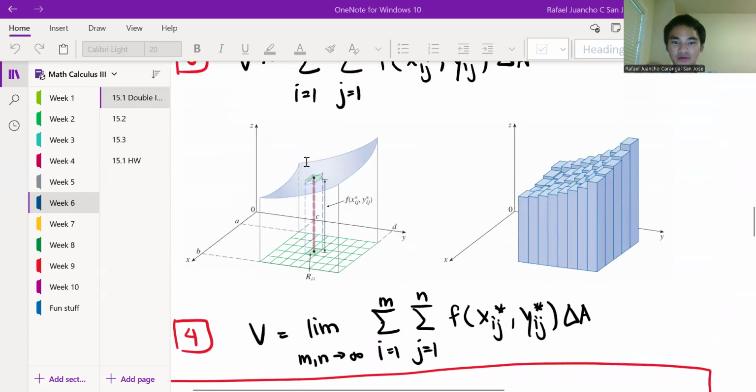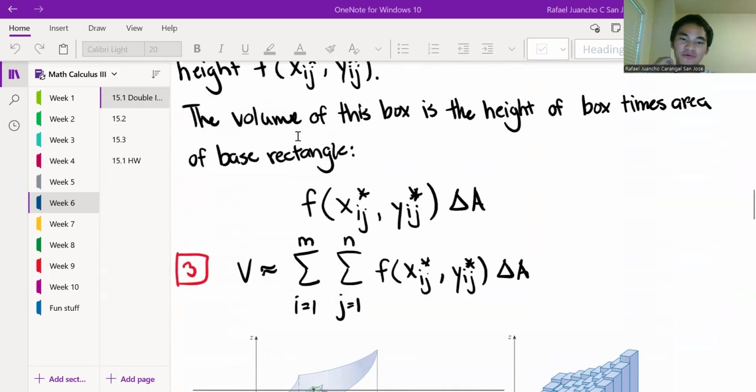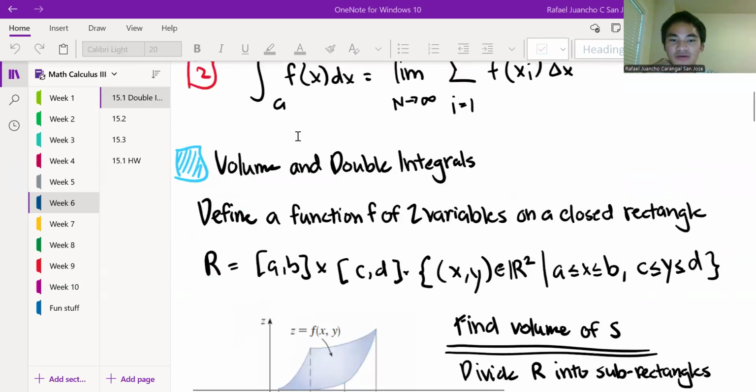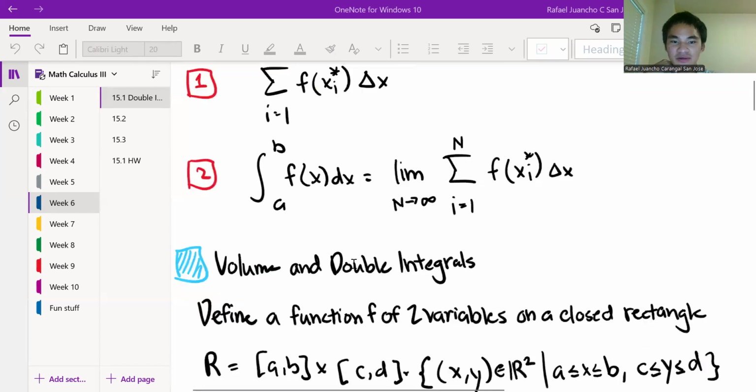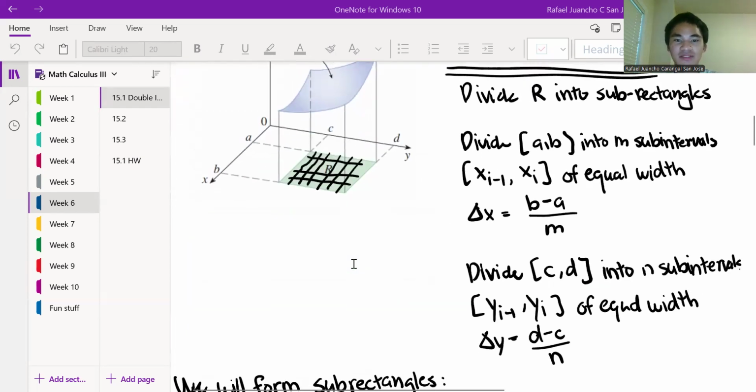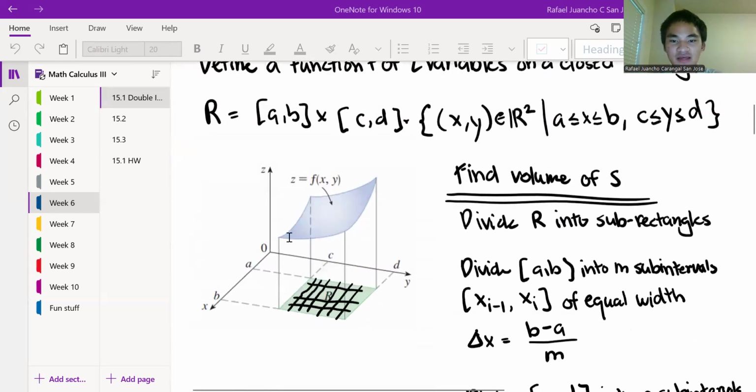So just to briefly recap, what we did was we derived the Riemann sum, or in this case a double Riemann sum, to find the volume that's in between the quadric surface, or the surface that was given, as well as its restricted domain.